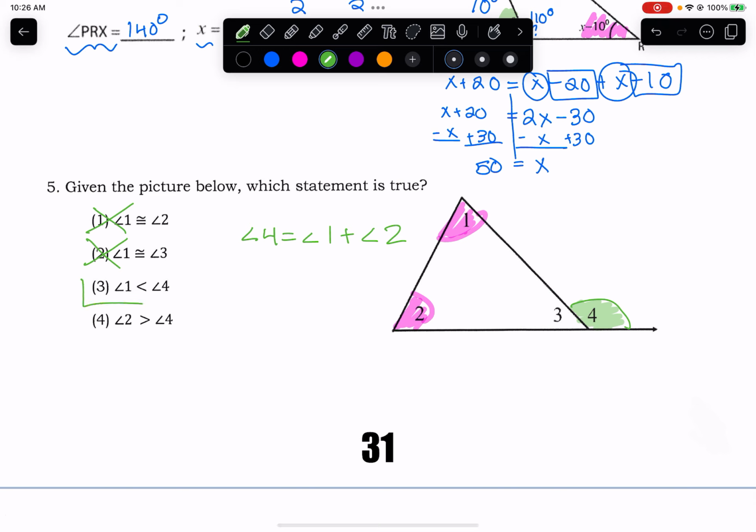So you're left with answer choice 3 because angle 4 is bigger than angle 1, but angle 4 is not smaller than angle 2. If we said that angle 1 was 50, you're adding something to 50 to get angle 4. So it's not possible for angle 2 to be bigger than angle 4.